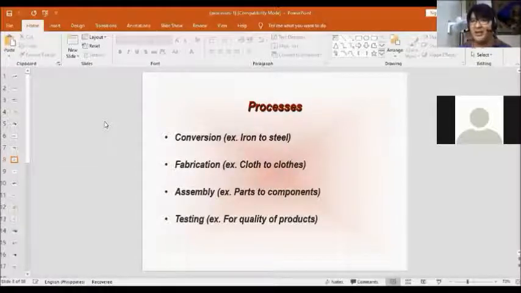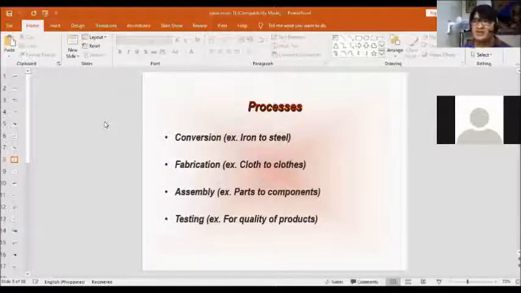Siguro in your case, magandang example to. So maybe you have created your prototype. That is a good example of assembly, di ba? Nag-gather kayo ng mga electronic components and then bumuo kayo ng isang product which is a device. Yes, po, module po. Okay, and then the next one is testing.